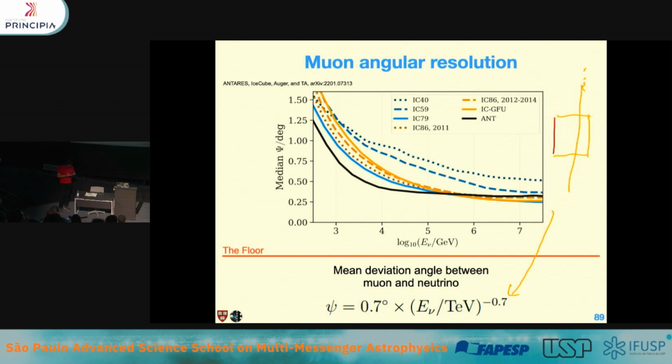However, if the neutrino interaction is like this, then in principle, because you also see the shower that comes here, you can use that information to reconstruct the direction. So you can improve over that for events that start in our detector. Is that clear for people?